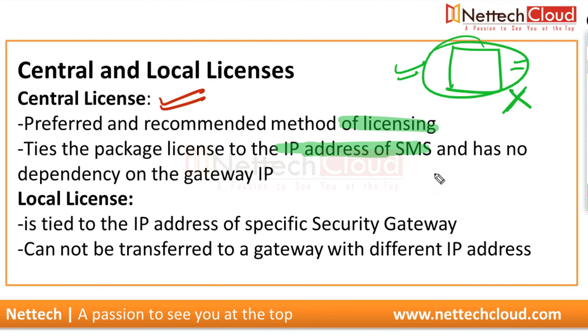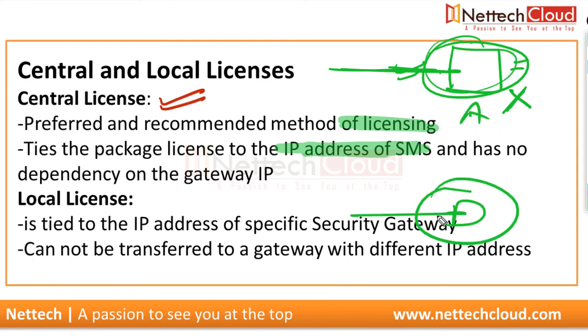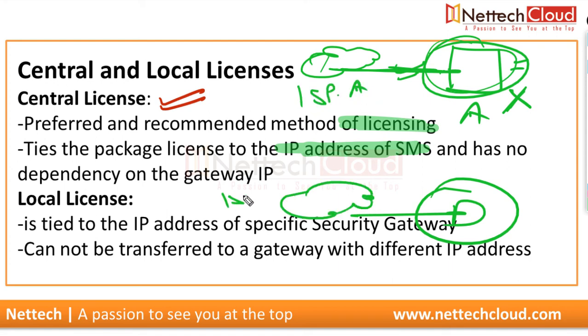No, not exactly. We understand that if the gateway has been moved from location A to location B, the gateway public IP address definitely would get changed, because there are different ISPs. So the public IP address of the gateway definitely would be different. Do we need to do something for that? No. Why?